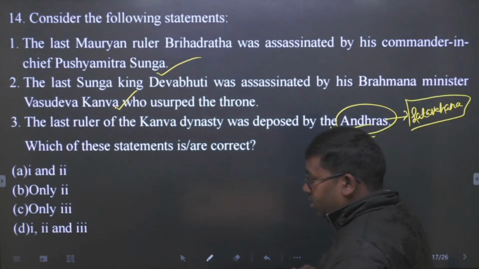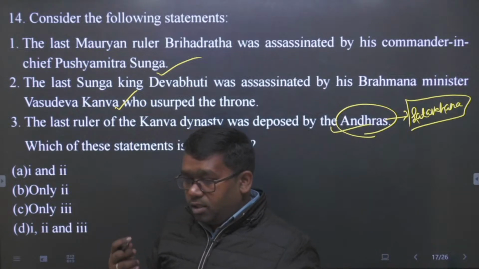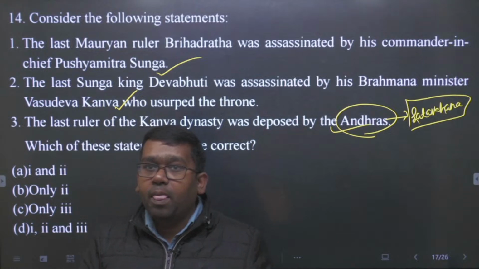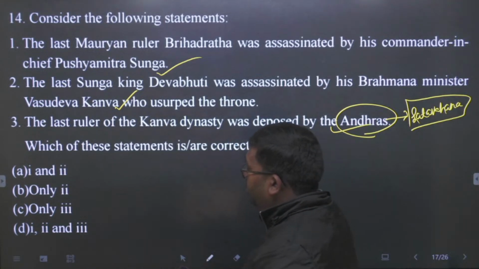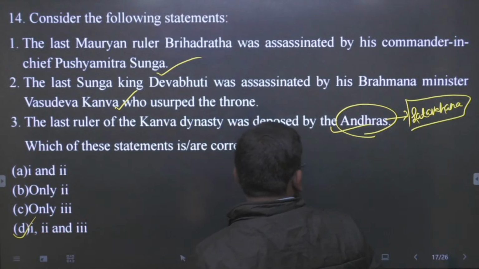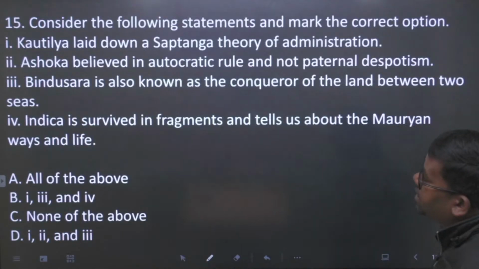So Andhras and the Satavahanas were the same according to different sources, both are the same. So the answer will be true. So all true, 1, 2 and 3 will be the answer of this question. All right. Let us discuss this one.